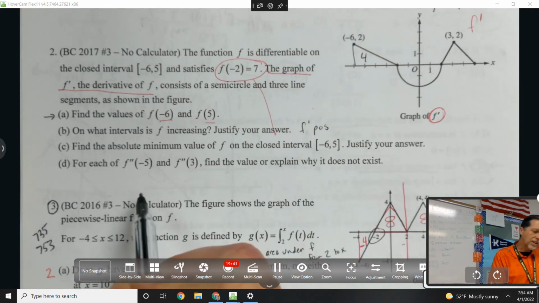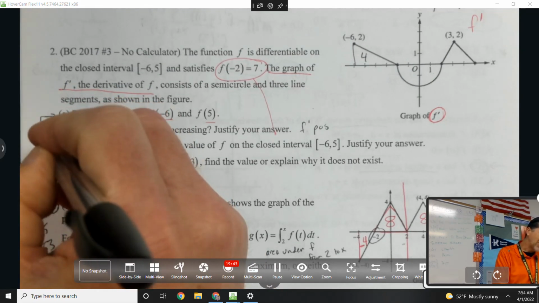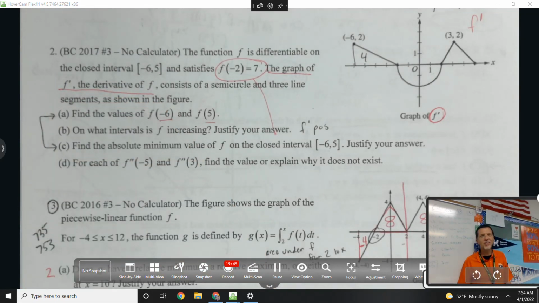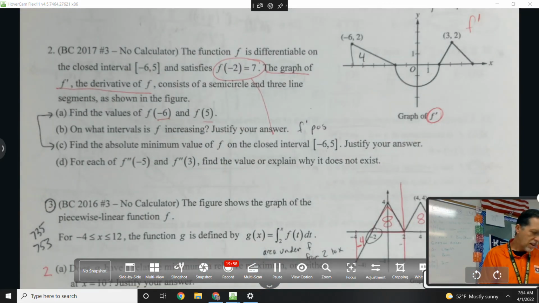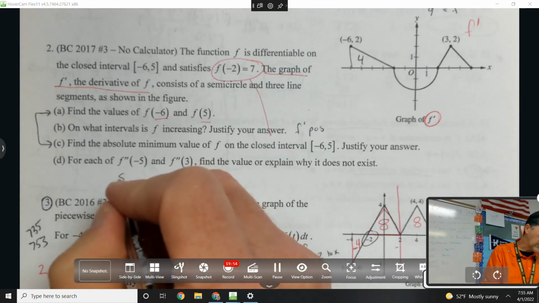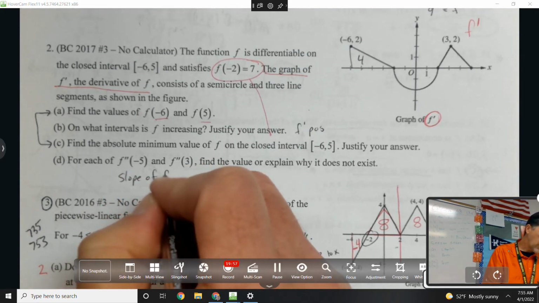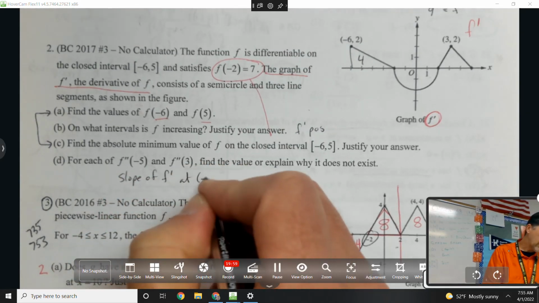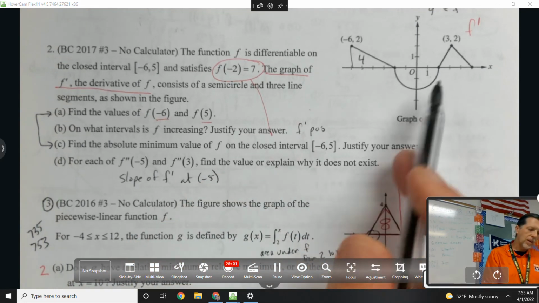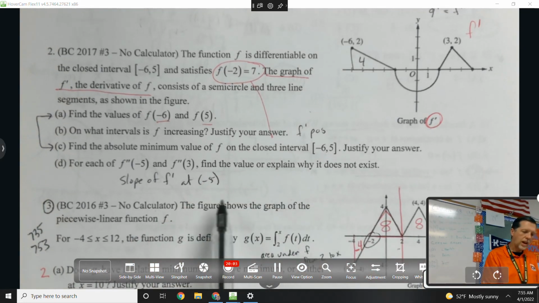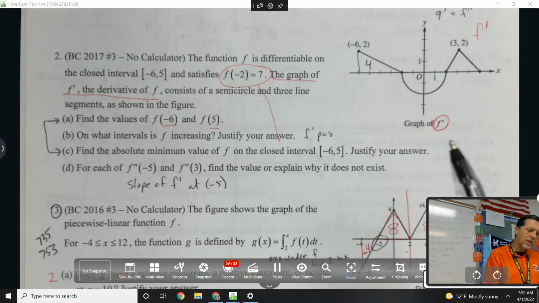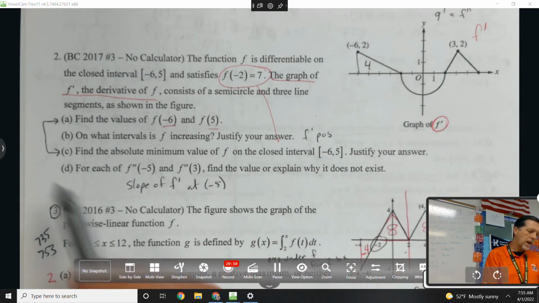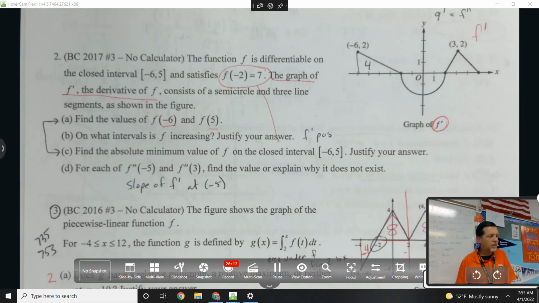Oh, but A and C kind of go together because you check endpoints, but you've already found the endpoints in part A. And then the second derivative, that would be the slope of f prime at -5 and 3. And it doesn't work at 3, and it does work at -5. So A might be the hardest one on there. B, C, and D aren't too bad.